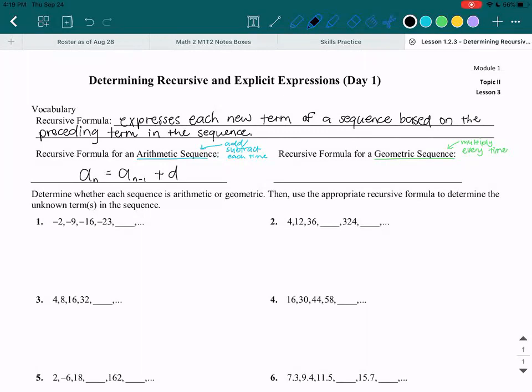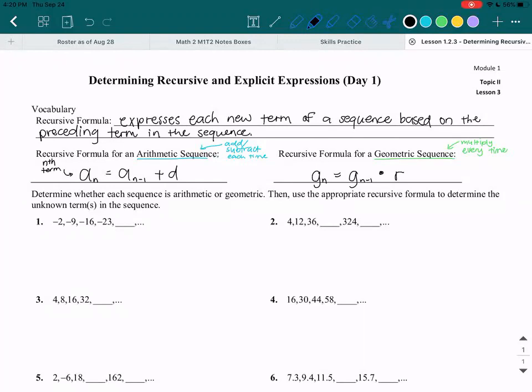But let's write down our geometric formula as well. We have G sub n is equal to G sub n minus 1 times r, okay? And we'll explain all of this together. So first of all, this A stands for arithmetic, and we're having A sub n, which stands for the nth term, okay?